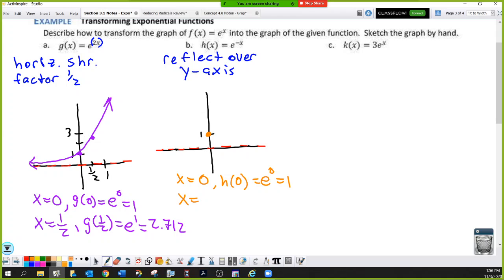The only way that happens is if I plug in a -1. That's going to give me e to the first, which again is almost 3. 2.712 when x is -1. Almost 3. Nice big dot, so no one can argue with us. There it is.